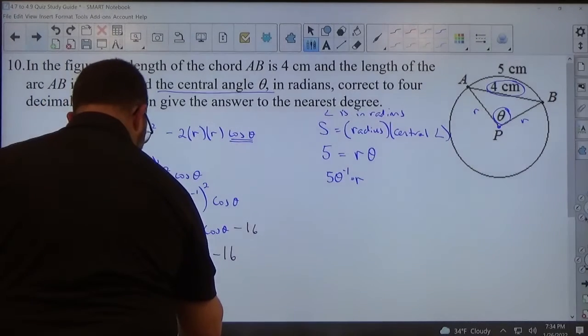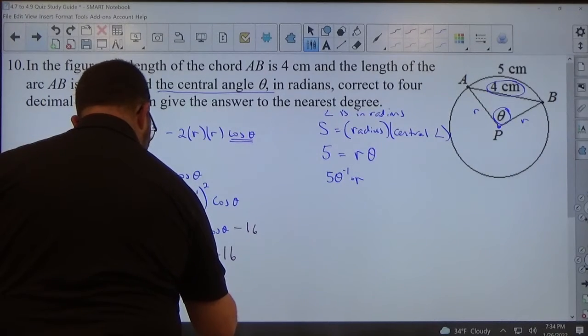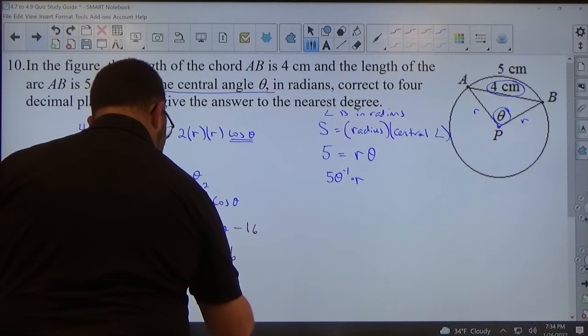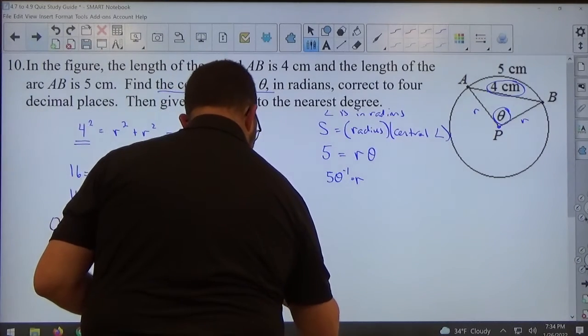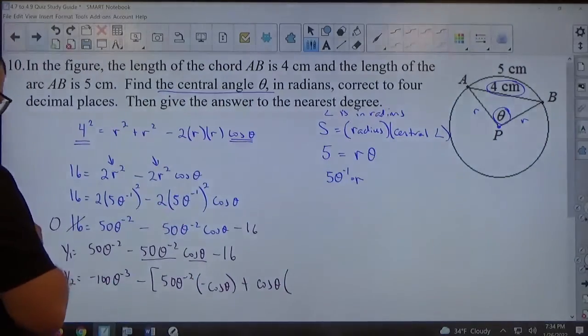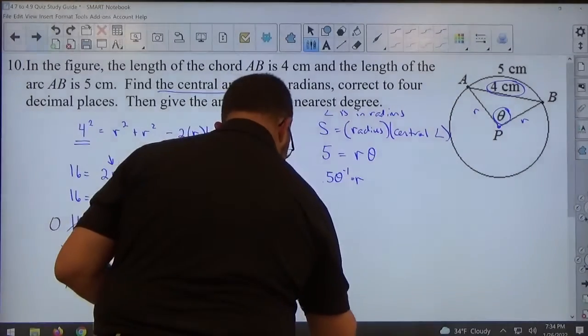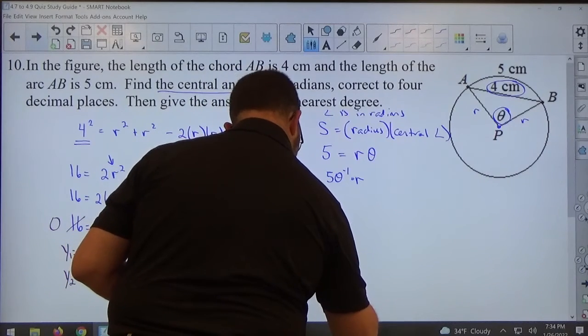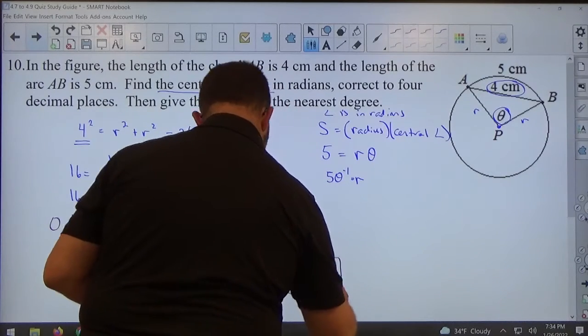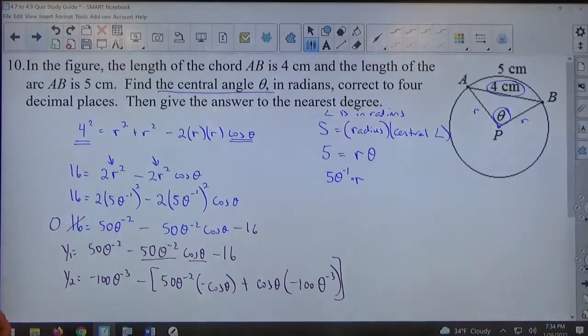So 1, which is 50 theta to the negative second, d2 is negative cosine of theta, plus 2, which is cosine of theta, d1 is going to be negative 100 theta to the negative third. And then the derivative of 16 is 0.